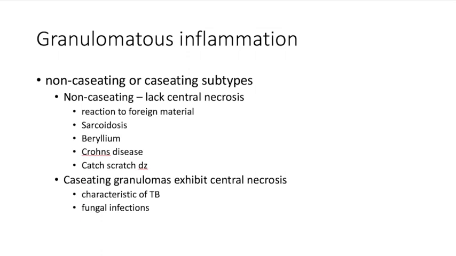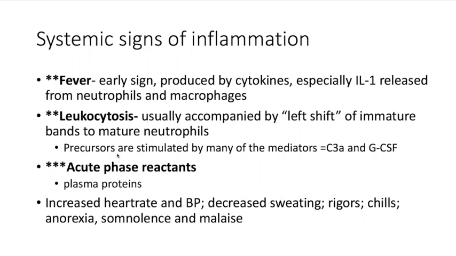So non-caseating means it lacks that central necrosis. So that would be a reaction to foreign material, sarcoidosis, beryllium, Crohn's disease, cat scratch disease. If you have a caseating granuloma, it exhibits central necrosis. That is characteristic in a tuberculosis infection or a fungal infection. Systemic signs of inflammation.